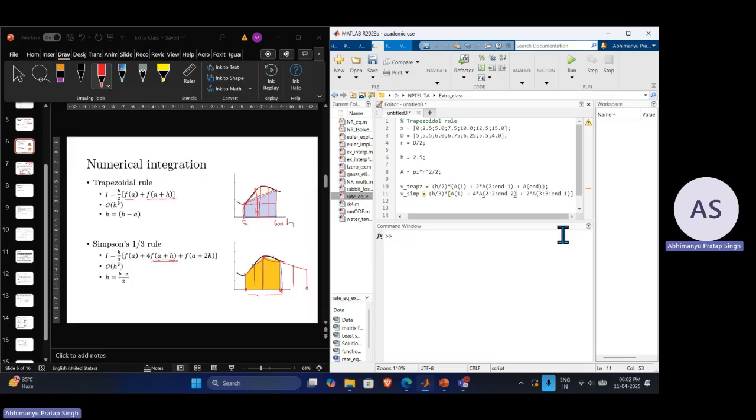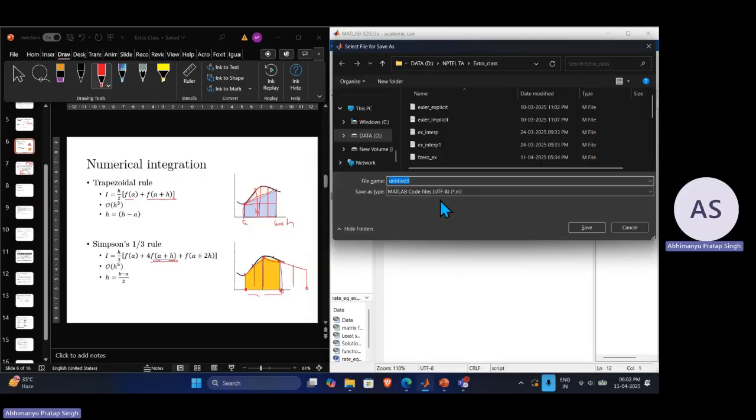No, this should be n minus 1, this should be n minus 2, and one more thing, this should not be a square bracket, and then plus the last term, right? Okay. So now let us check this.